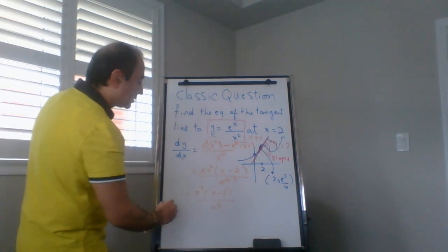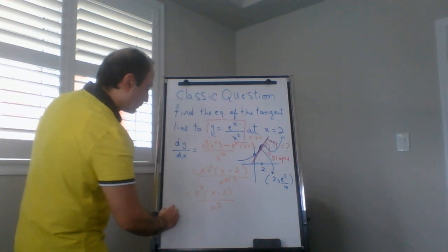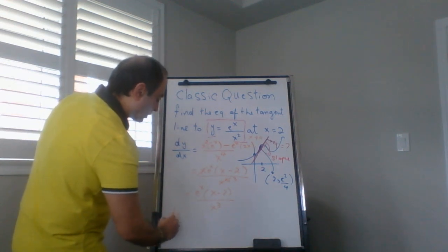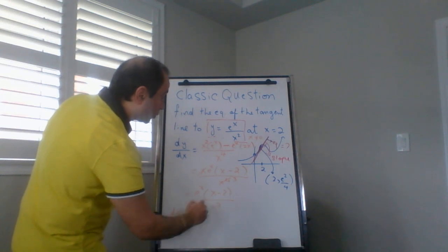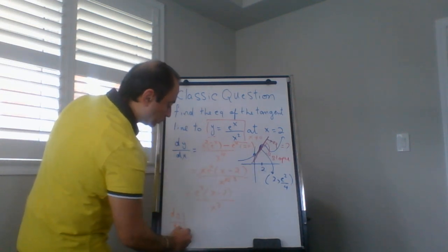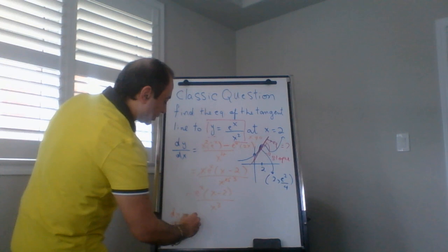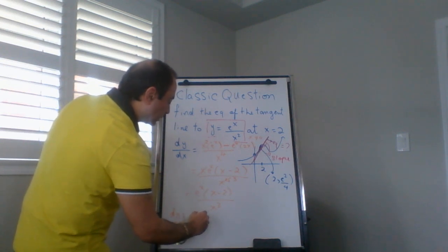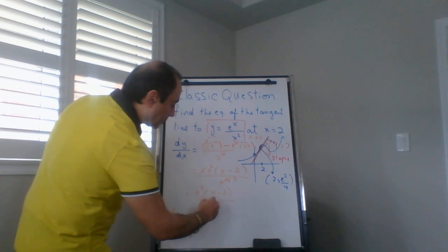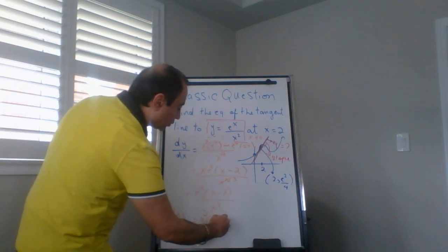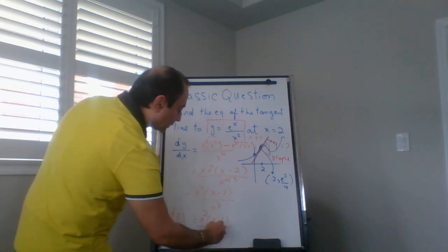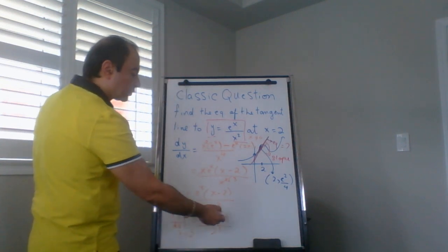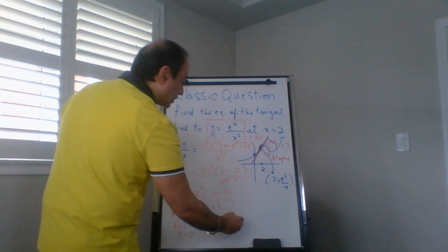Now I need to find dy by dx at x equal 2. So this will be e to the power of 2 times 2 minus 2 over 2 cubed, and it is very clear 2 minus 2 is 0, so that will give us a 0.